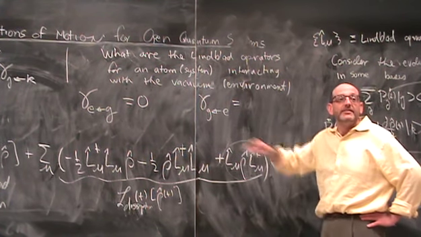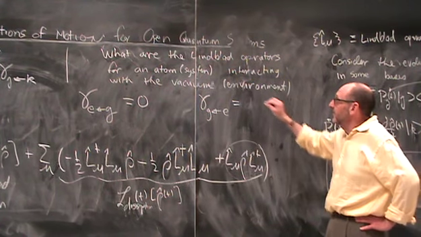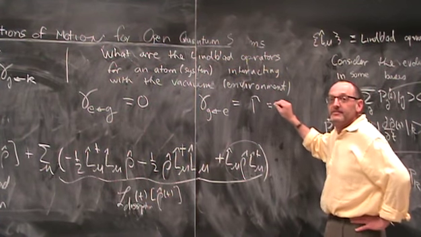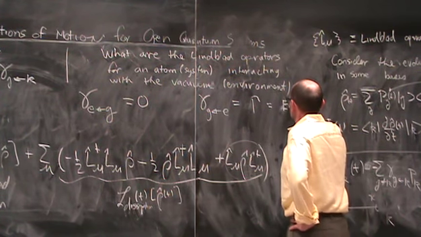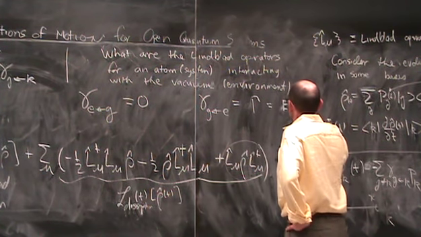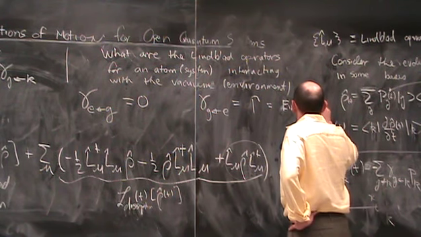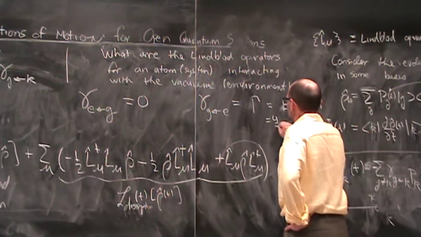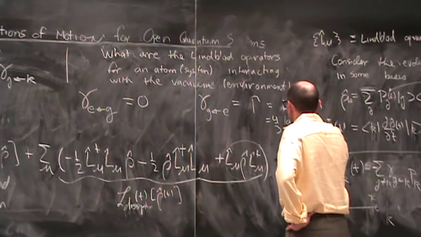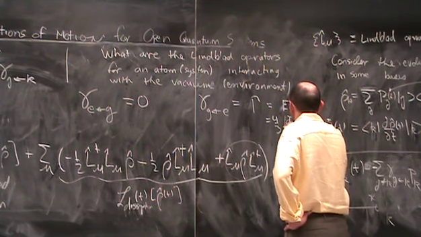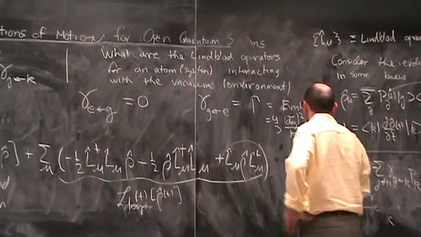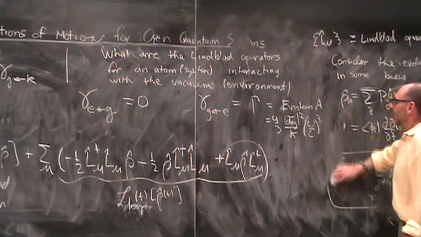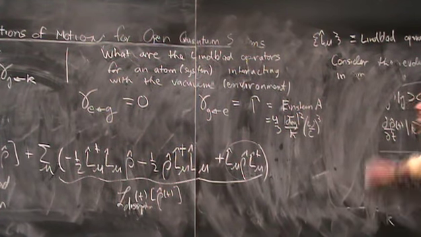So what is that rate? Einstein. Yeah, it's the Einstein coefficient. So that was 4/3 the dipole matrix element squared over h bar times omega over c cubed, where omega is the frequency of the transition.